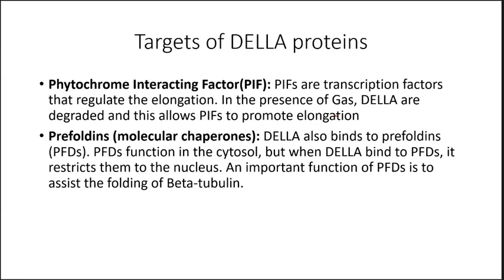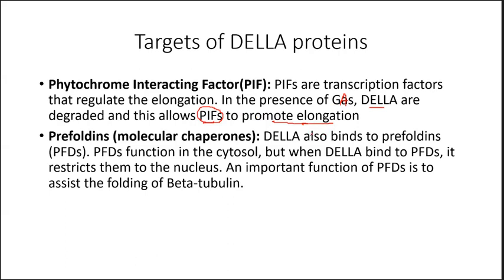When GAs are present, GA meaning gibberellin, these DELLAs are degraded and PIF can show the elongation. When GA is not present, DELLA inhibits PIF. When GA is present, DELLA cannot inhibit PIF and PIF can promote elongation.